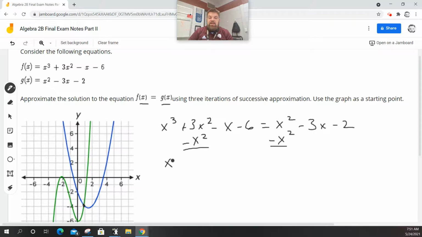Now that's going to give me x cubed plus 2x squared, oops, forgot about the x, minus x minus 6 is equal to negative 3x minus 2. So now I'm going to add 3x to both sides.